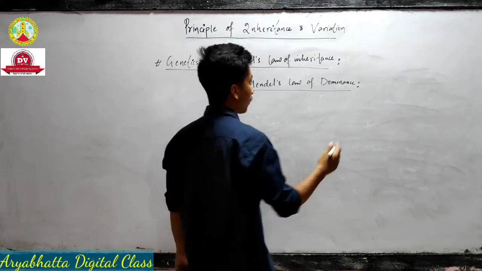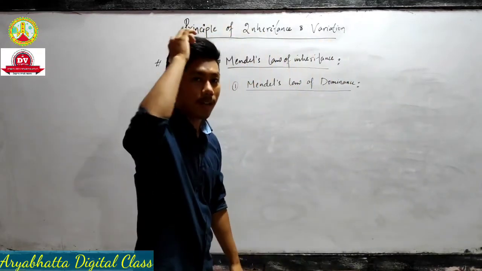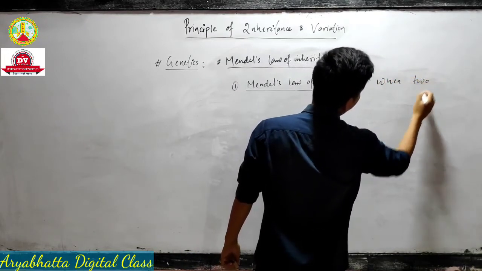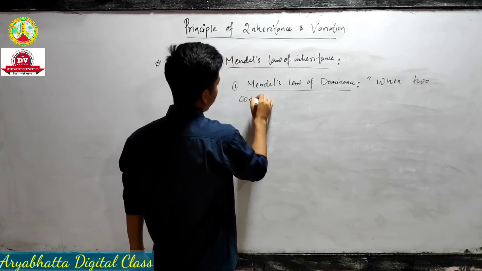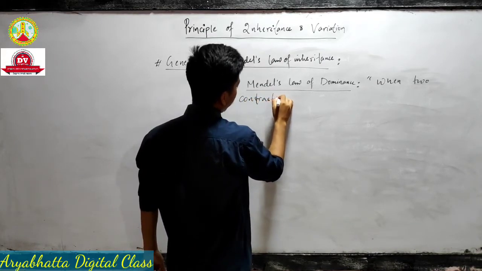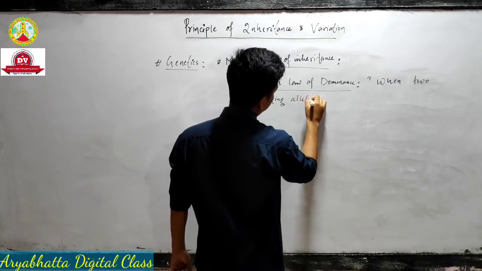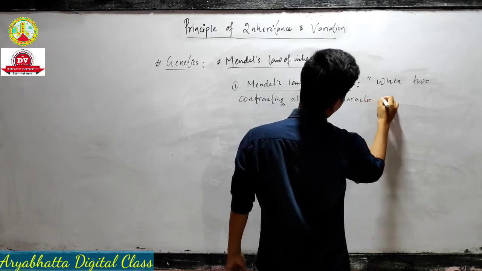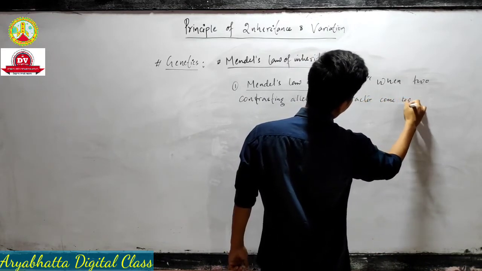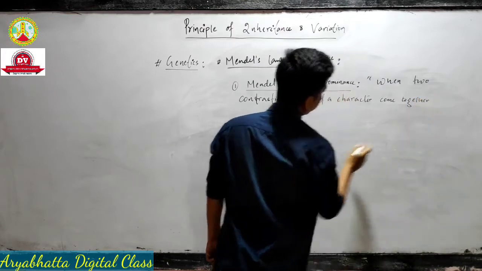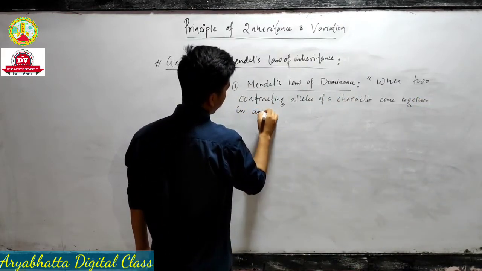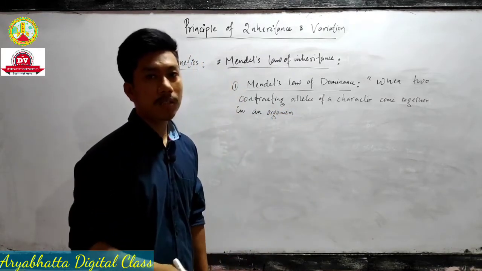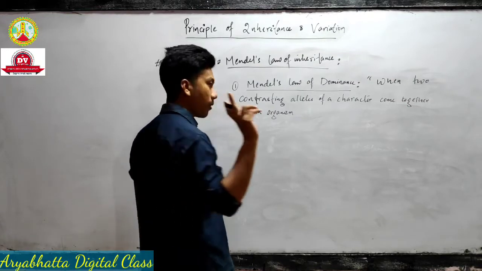So what does this law say? Mendel's law of dominance states that when two contrasting alleles of a character come together in an organism, only one shows visible effect.